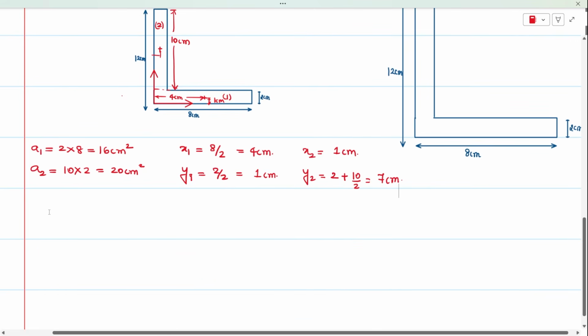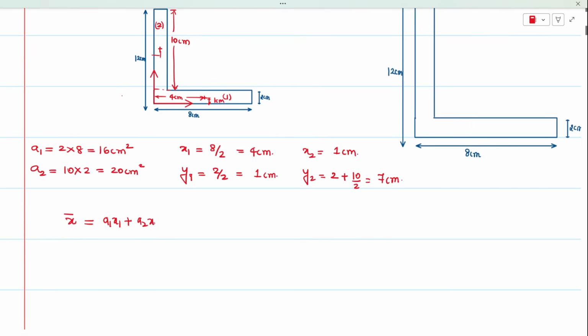Now we need to calculate x bar and y bar. So x bar will be equal to a1 x1 plus a2 x2 divided by a1 plus a2. So a1 is 16 into 4 plus a2 is 20 into x2 is 1, divided by 16 plus 20, which is 36.